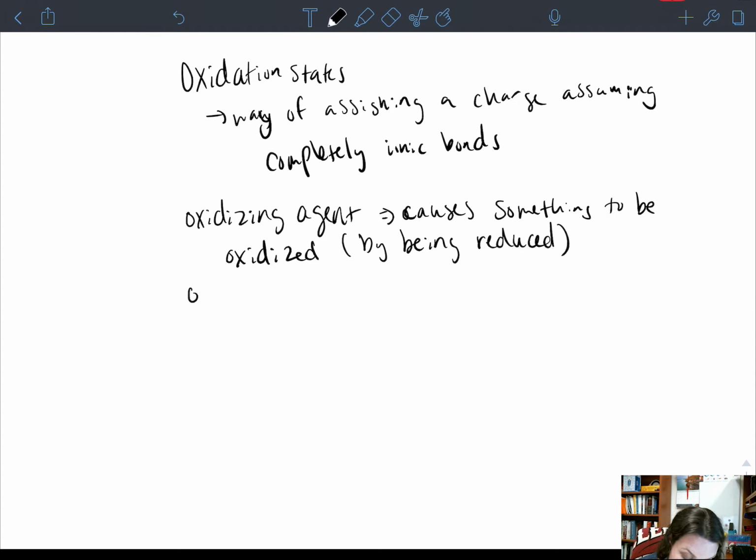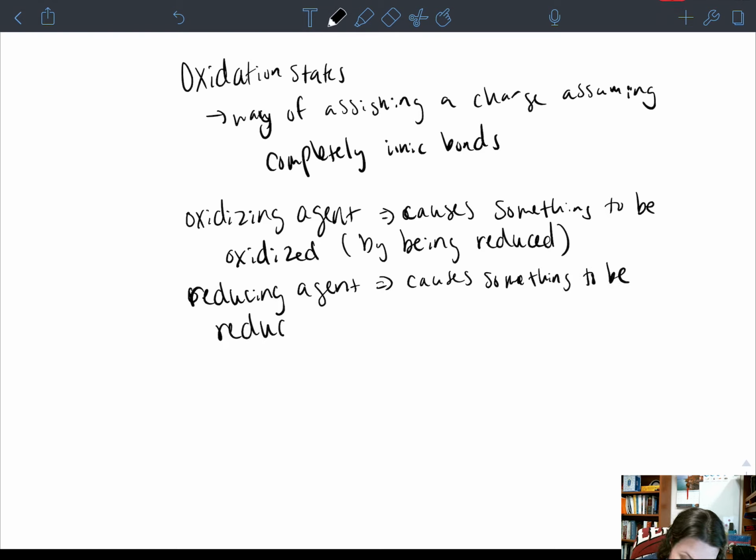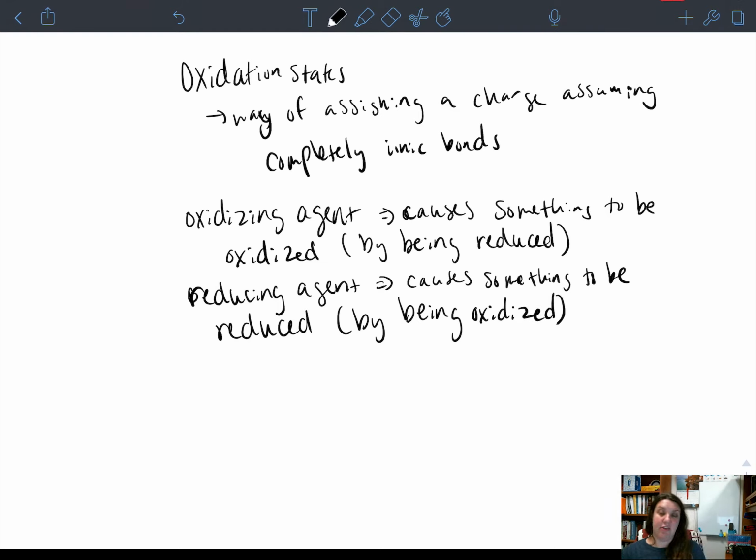And then our reducing agent causes something to be reduced by being oxidized. So the thing that is oxidized is the reducing agent. The thing that is reduced is the oxidizing agent.